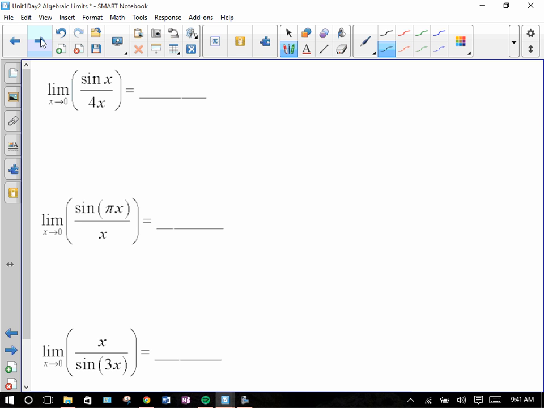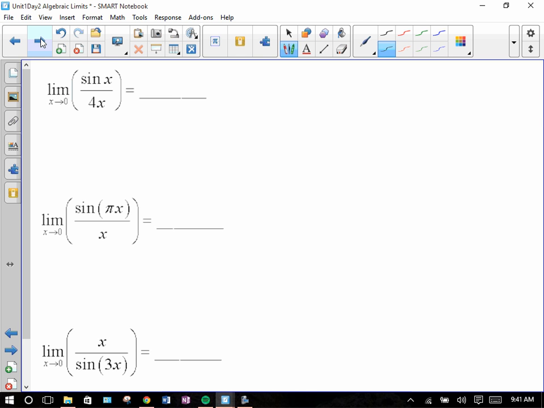The one with the sine x over x. So, we see sine x over x, but it has a 4 here, right? So, this 4 is just a number, right? It's a constant. Do we have something that allows us to take constants and take them outside of the limit?